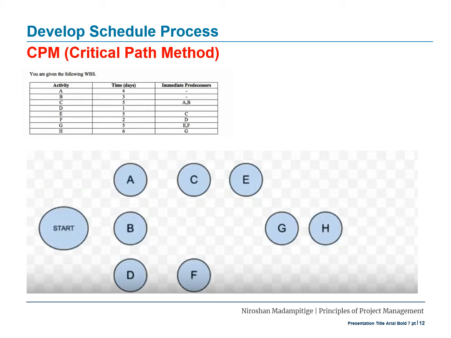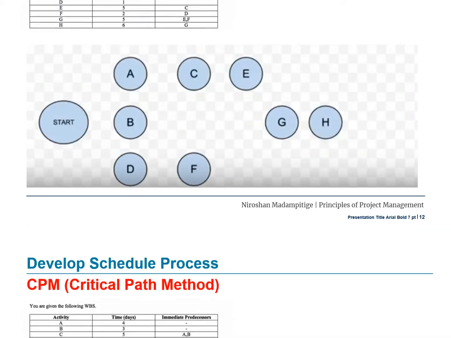Yes, that is again C. So it is correct. Anything dependent on E? Yes, there are a few. So similarly, draw all the activities according to the predecessors. You don't have to show the relationships now. It's just that you need to line them up in the right place so that you can draw the arrows easily.